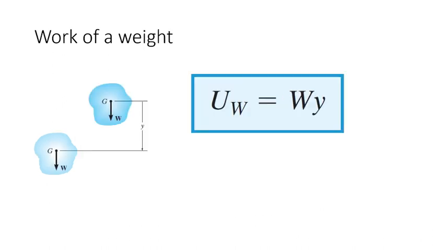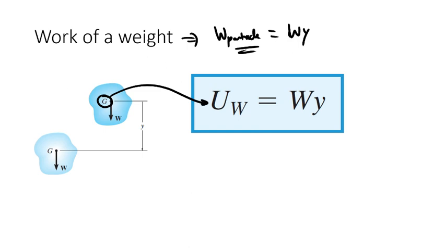And then the work of a weight, that is W into y. This is again exactly the same as the work of a particle, W into y. As you can see, it is the same, but the only difference is that we check the G value, the change with respect to the G position.